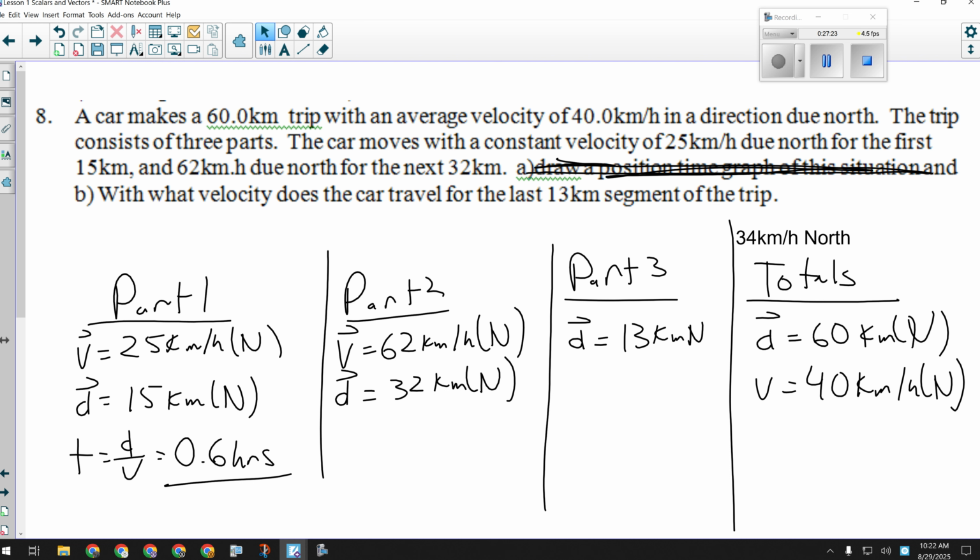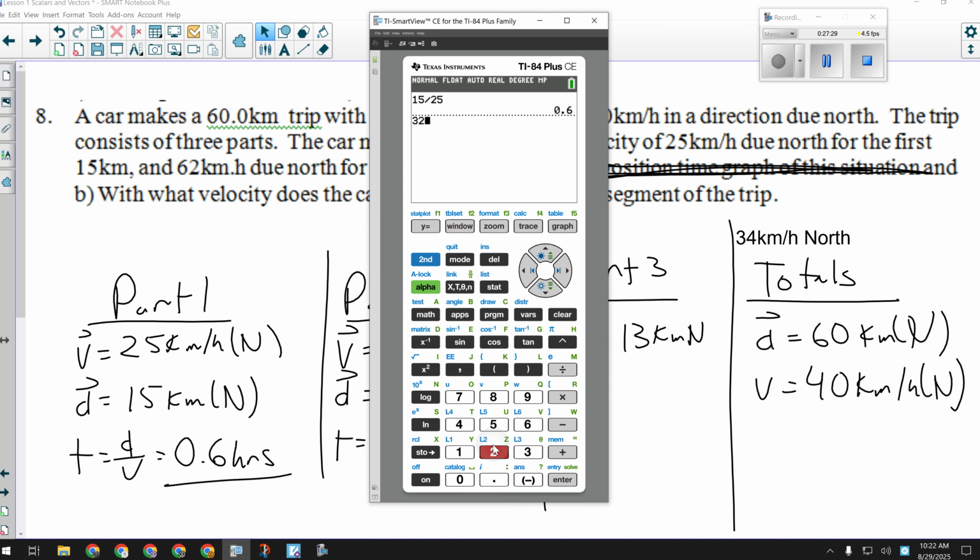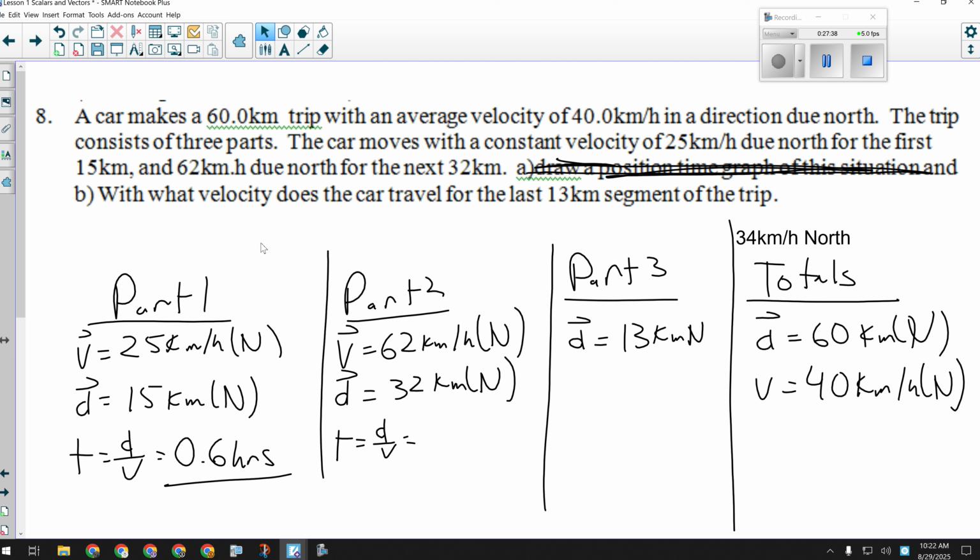Same thing for this one. Time is going to be D over V. This time we'll do it in the right order. 32 divided by 62. So that one's going to take 0.516 hours.